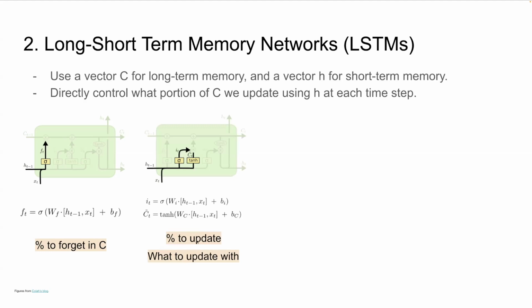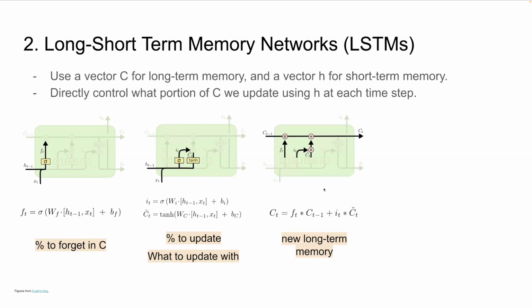And based on this, you'll compute another number for how much you want to update and what you want to update with. All of those are entirely based on the concatenation of the memory vector H and your feature vector X, and you pass them through a linear layer, but of course with different linear layers.